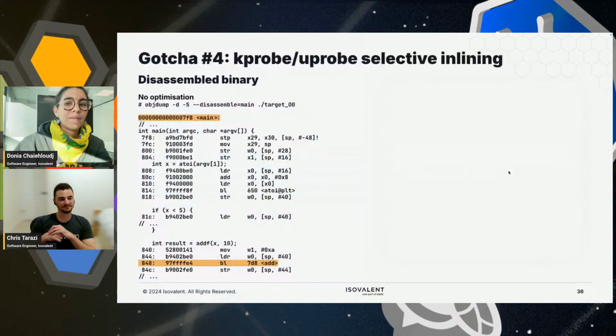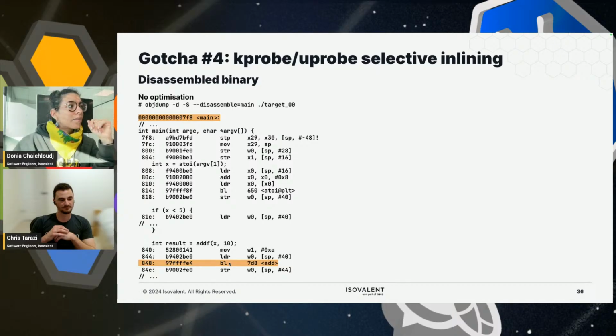Here, this is the disassembled binary. bpftrace is probing the symbol and then converting to the offset where the function is defined. And in the case of no optimization, as you can see on that side, because it's branching, we can see here the BL. bpftrace is probing on the offset corresponding to the actual instruction that will be executed.